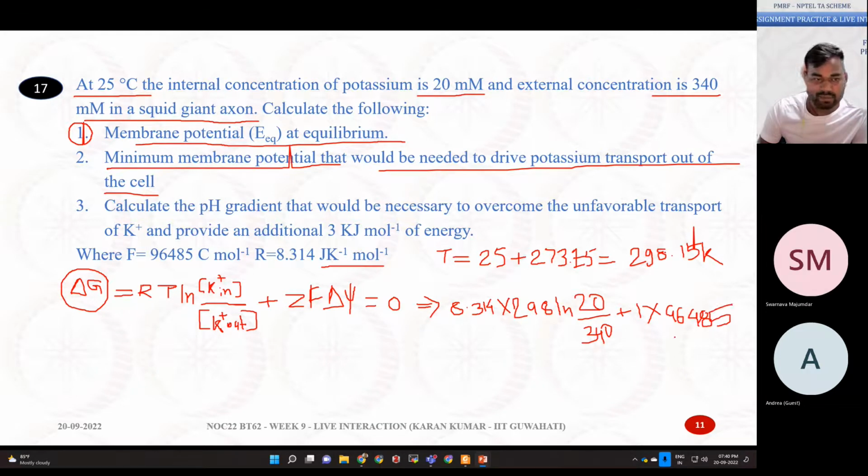Okay, multiplied by delta psi, and you need to calculate delta psi only, and this is equal to 0.